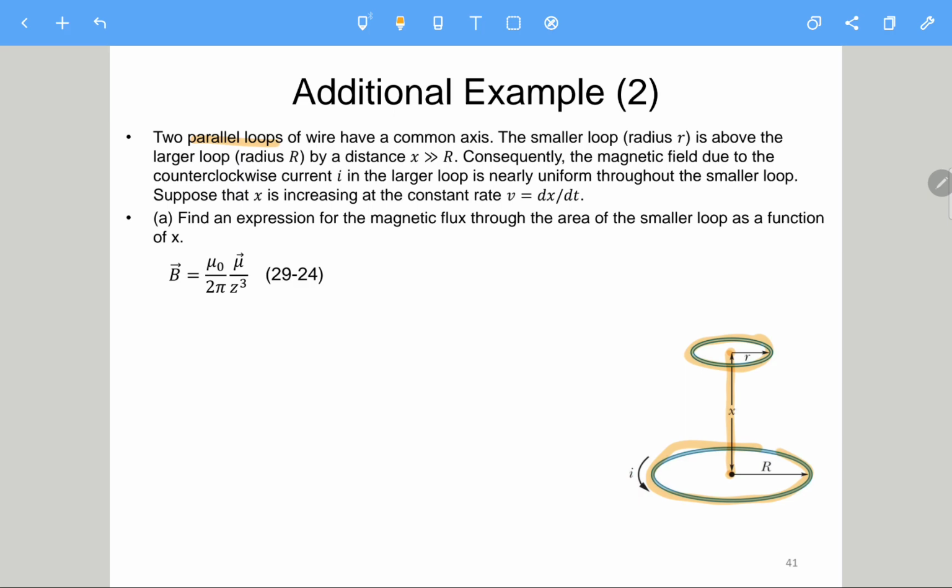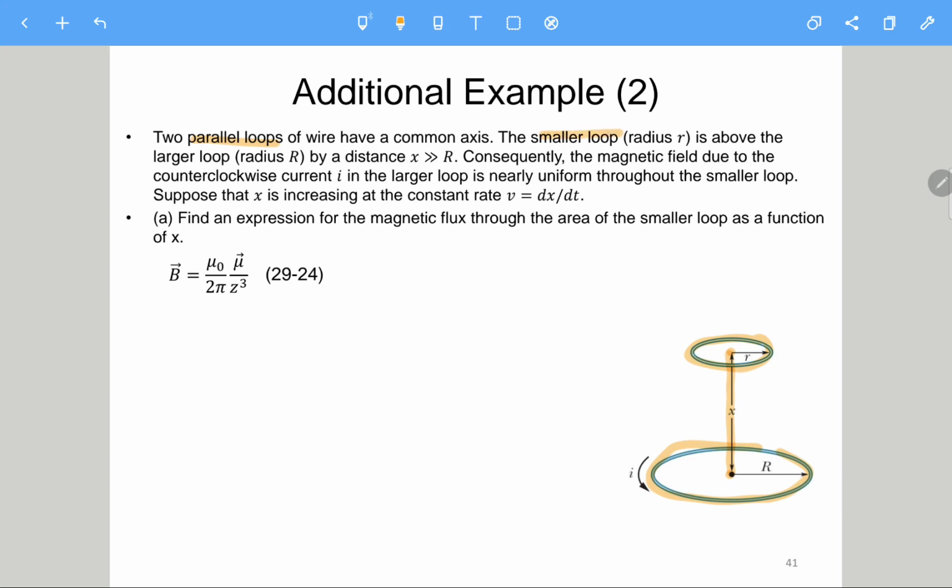When you draw a line perpendicular through the center, that is the axis, and these two circles share the same axis, so it is called the common axis.